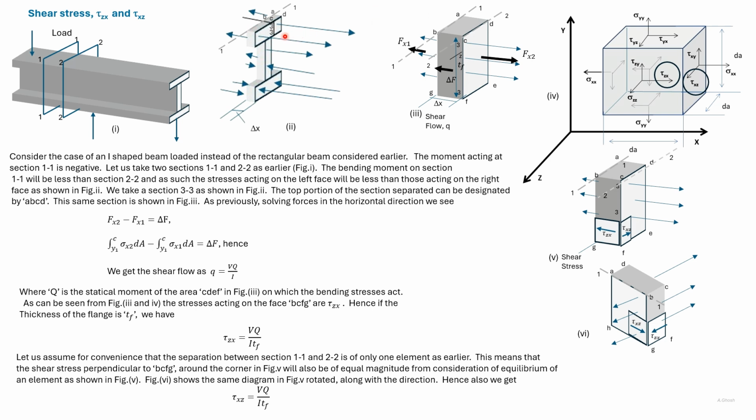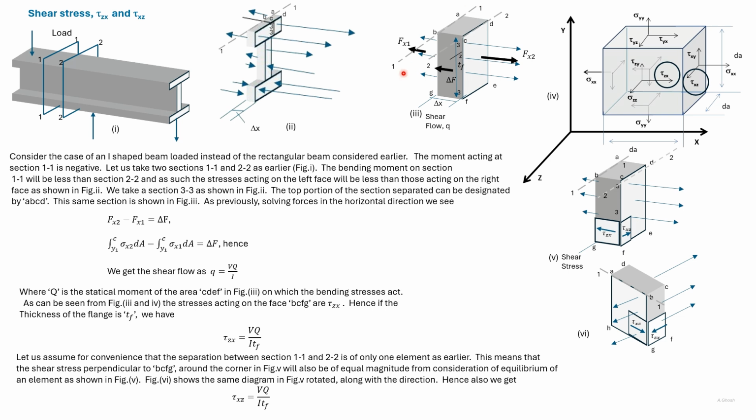This time we take section 3-3 vertically at the flange as shown. The top of the flange of the portion is designated as ABCD. An enlarged version of this portion is shown here.